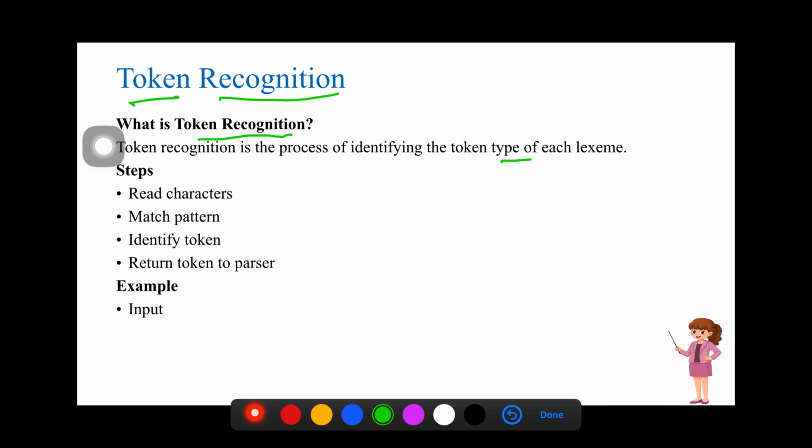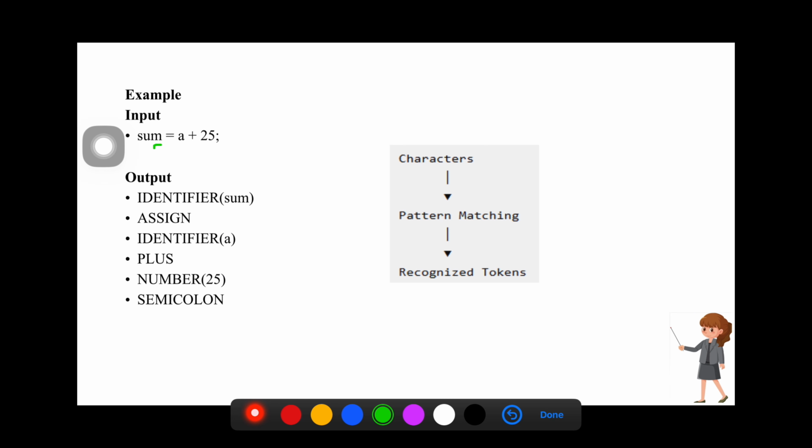Then it compares these characters with predefined regular expression patterns. Then in the third step, once a pattern matches, it determines the token type. And finally, it sends that token to the syntax analyzer. Example input: sum equals a plus 25.